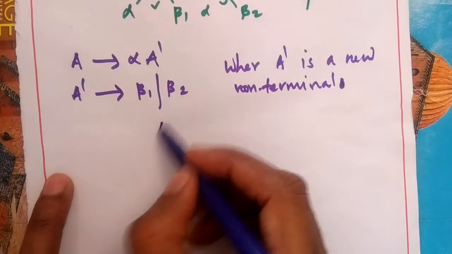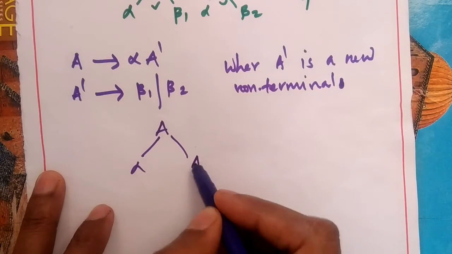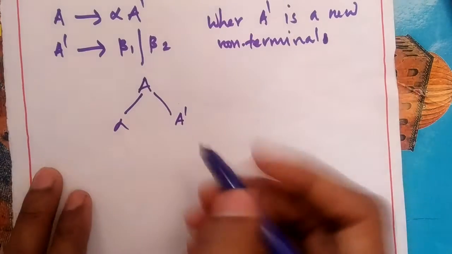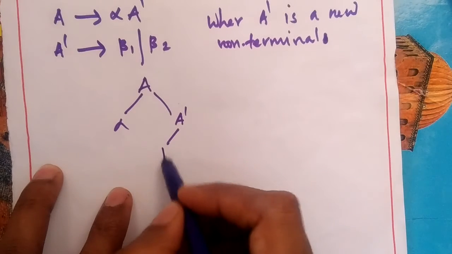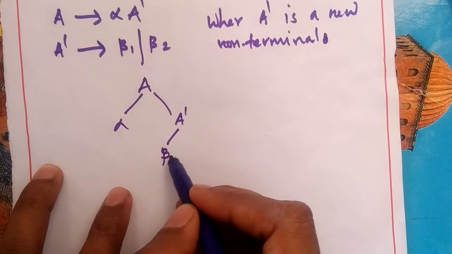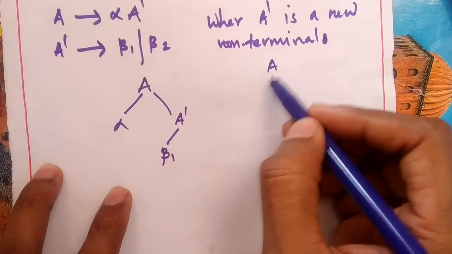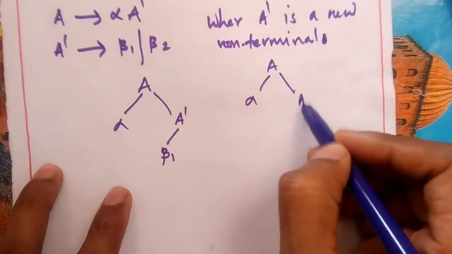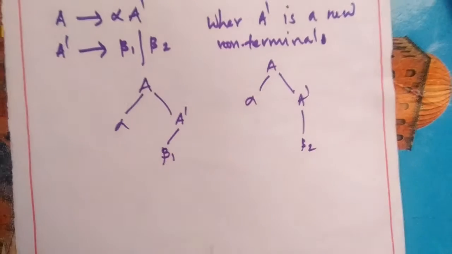So your parse tree may look like A gives alpha A dash, and A dash you can decide based on the subsequent string. If it is beta 1 you can use beta 1, or if it is beta 2 then your parse tree becomes A dash gives beta 2.